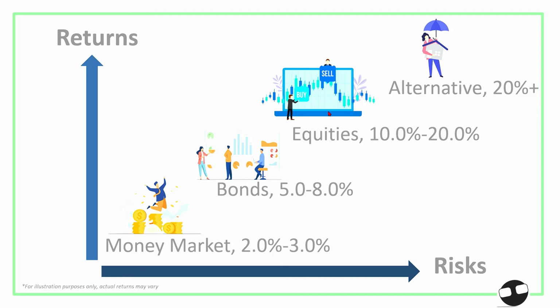For equities, you have higher risks, you have higher returns, and an average return of 10-20% a year. Now for alternative assets, we only assume that, in a span of 1 year, because these are extra aggressive assets, you would tend to have higher returns compared to equities or the rest of the asset classes. So that's 20%.